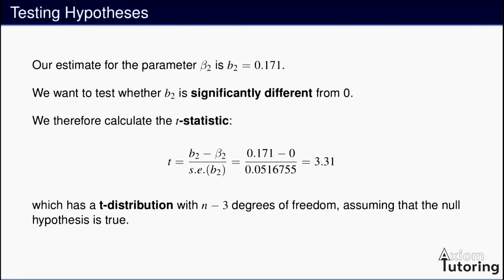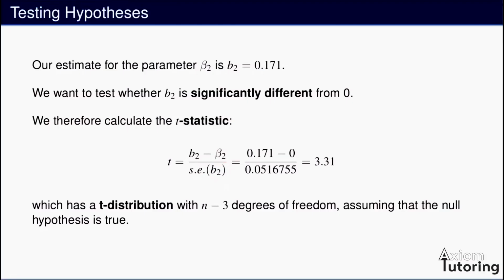We therefore calculate the t-statistic, and remember the t-statistic always follows the same pattern. You have your estimate, B2 in this case, minus beta 2 under my null hypothesis, divided by my standard error. The standard error will just be given to you in your regression table or in your statistical software, so you don't need to care too much about that.